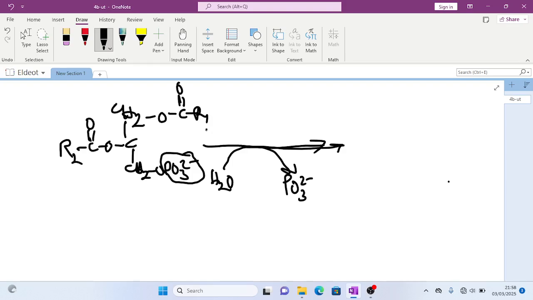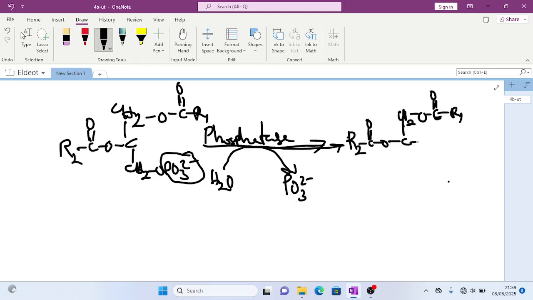So the enzyme catalyzing this process is the phosphatase, and it gives us this product.